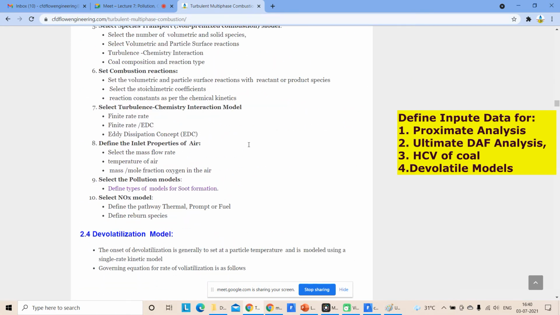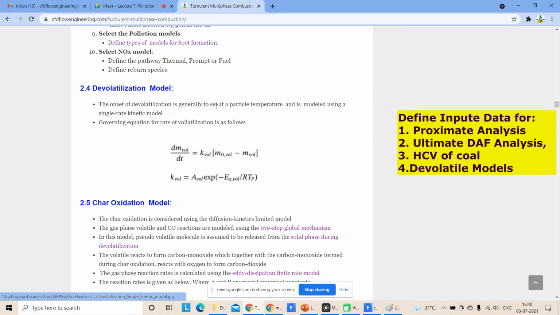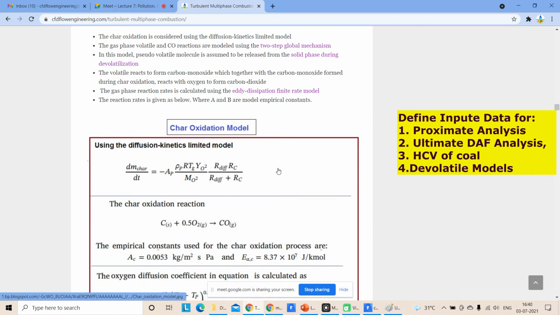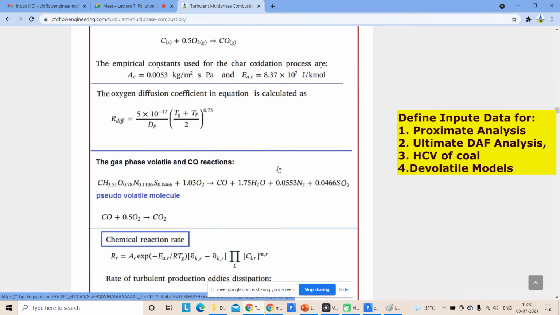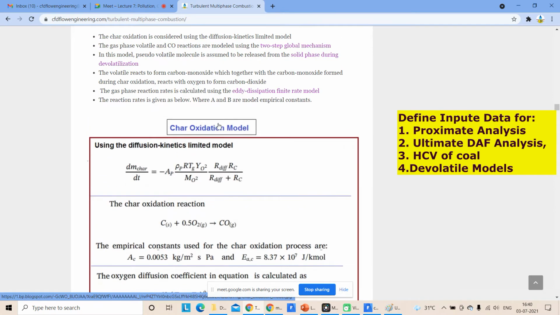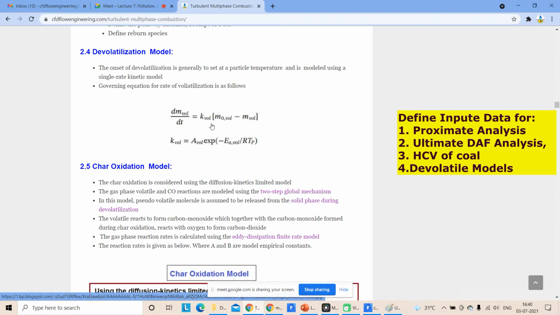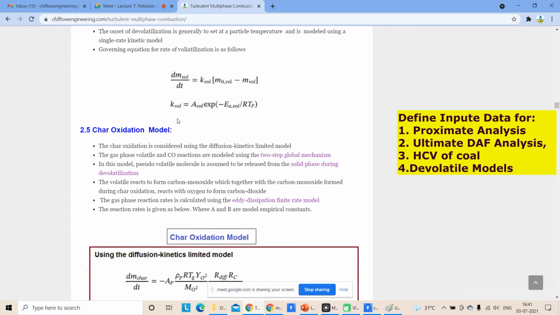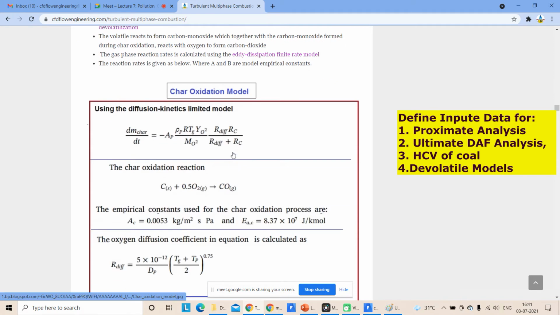Here I presented this volatile model. It can be a single-step reaction or a two-step reaction. Here you can see the rate of volatile formation depends upon the concentration difference of volatile. Then the char oxidation model: char means it is solid state.